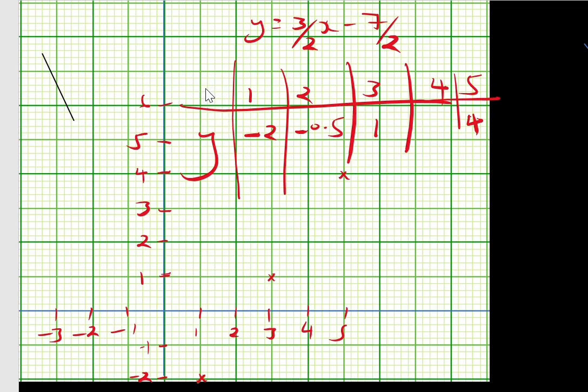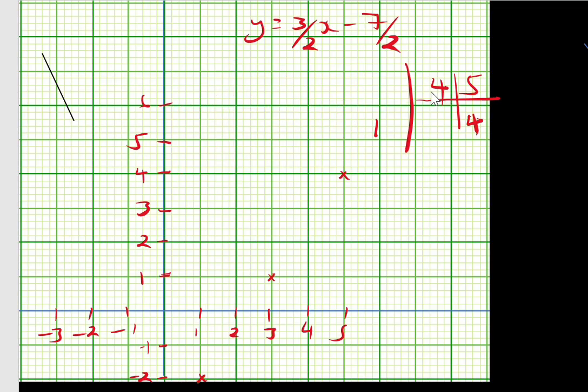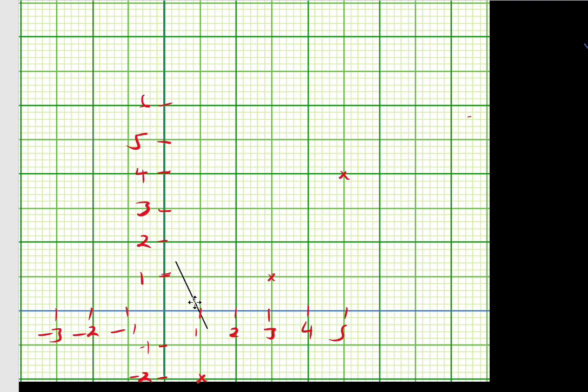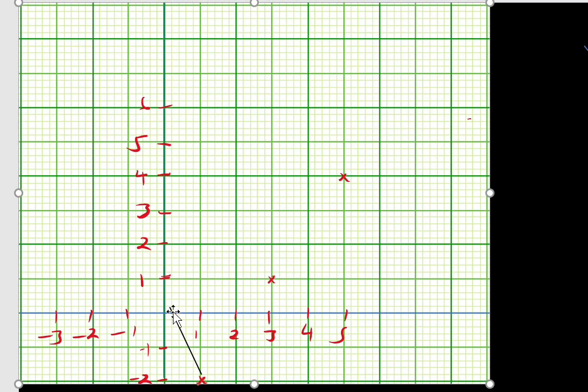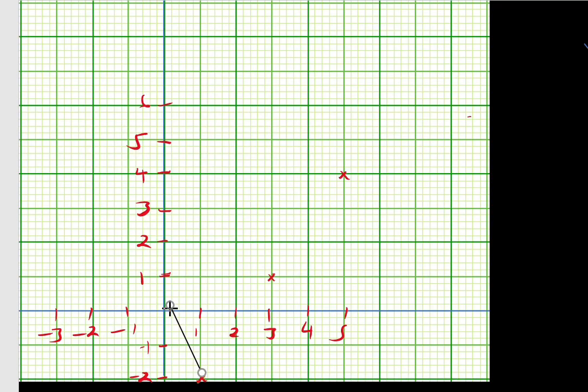So allow me to wrap this table. Then we join using a straight line. So we are done with the first equation. So I'm going to join using this line. So we can join. That is a straight line.